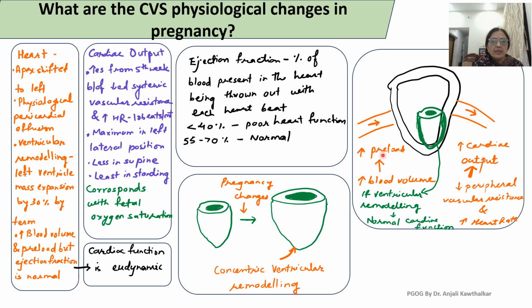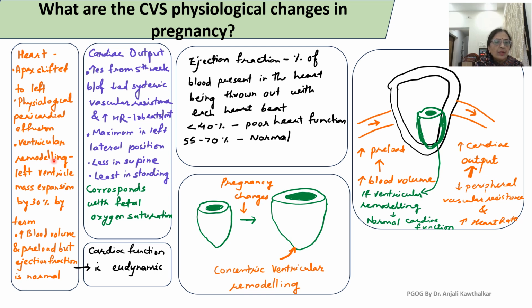That means the ventricle is getting geared up with the changes in the ventricular structure to accommodate the changes which are taking place, increasing the work of the heart, increasing the cardiac work. So that terminology which is important and which is commonly used is ventricular remodeling.